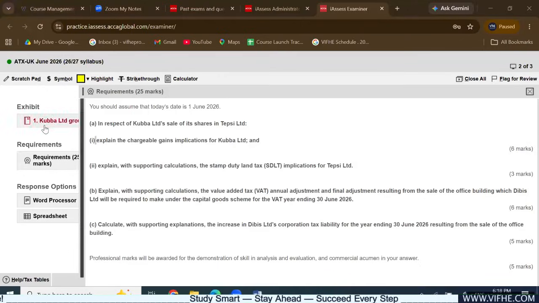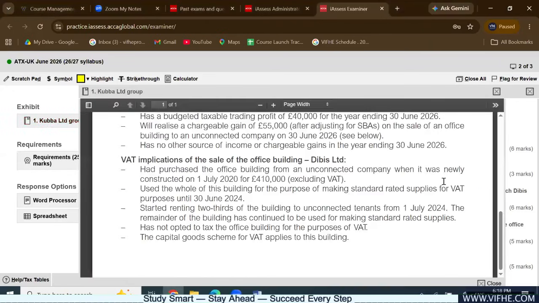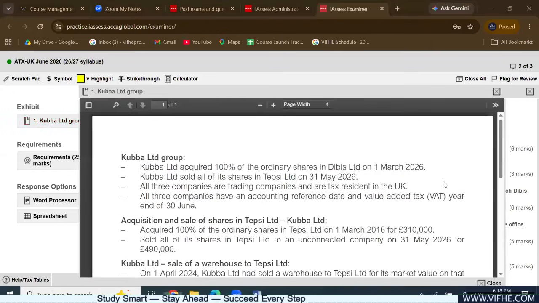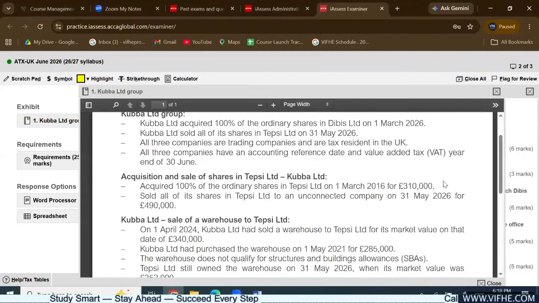Okay, again, I am opening the exhibit, and in the start you may find the scenario revolving around the sale of shares in Tapsi Limited. This part of the question is for 6 marks.